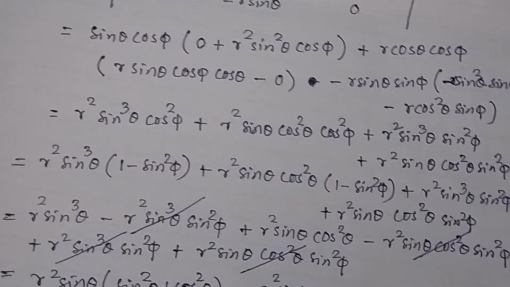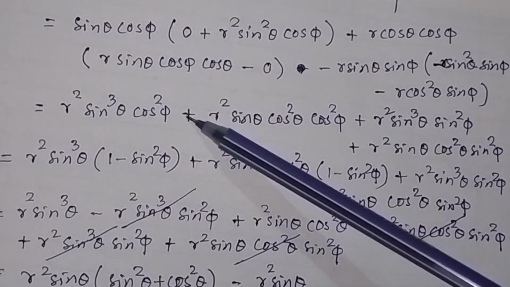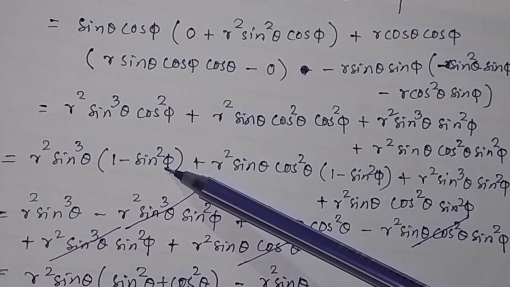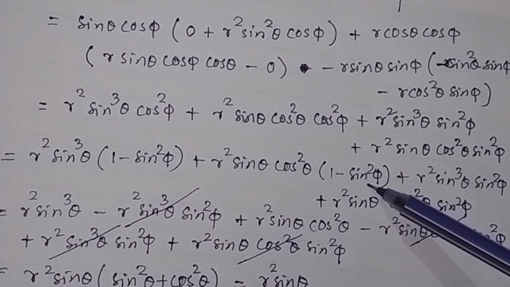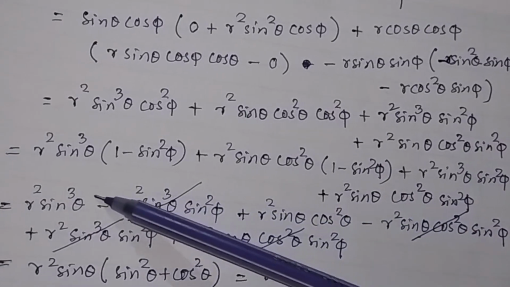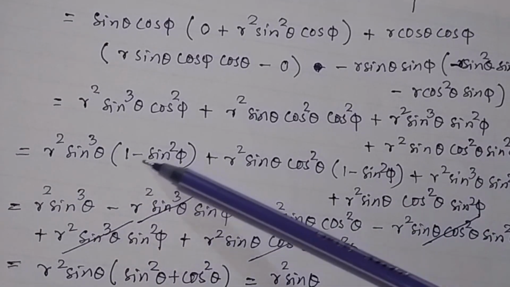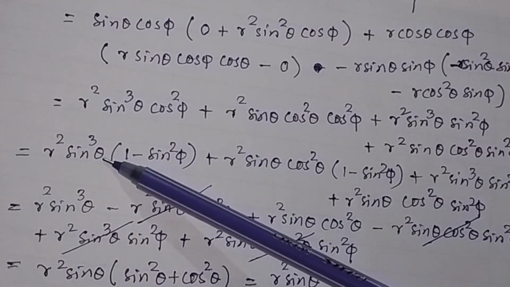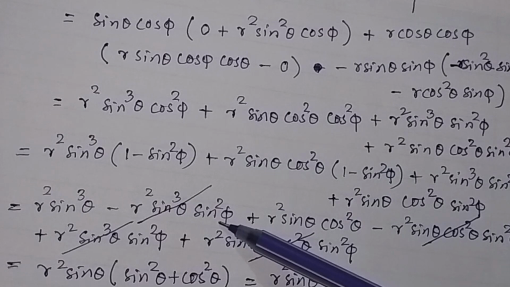Now you will solve it. What you do here: for cos square phi, you write 1 minus sin square phi. Here also, for cos square phi, you write 1 minus sin square phi. Then if you multiply, this will be r square sin cube theta minus r square sin cube theta sin square phi.